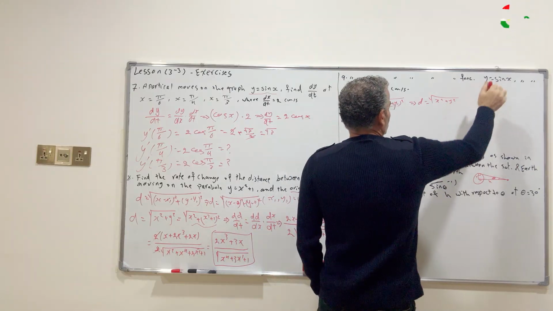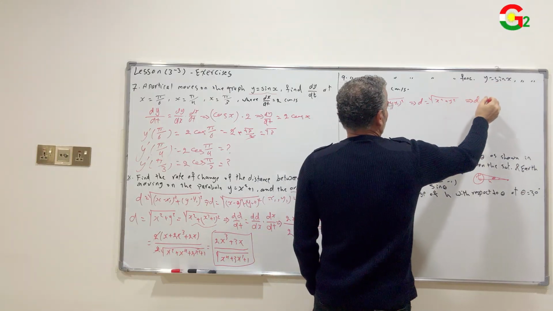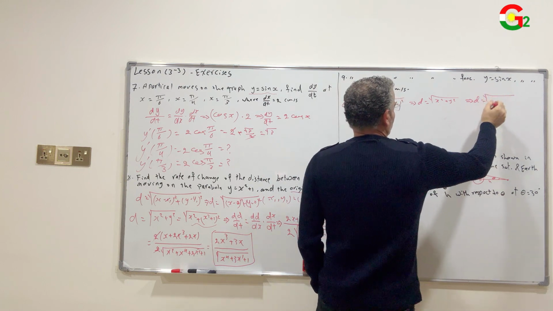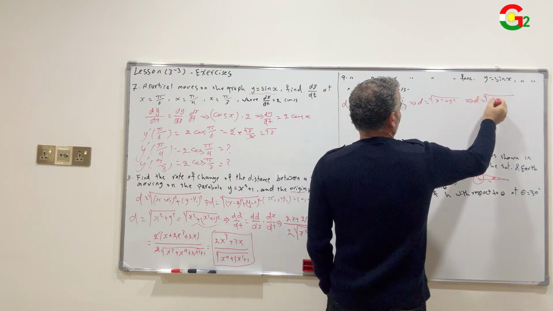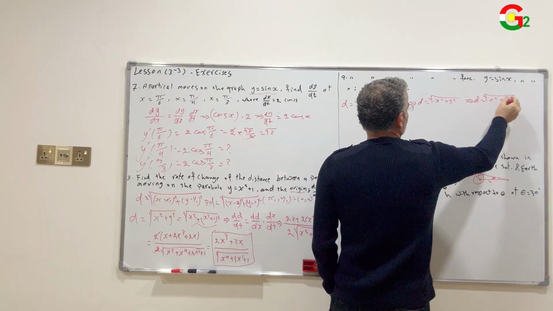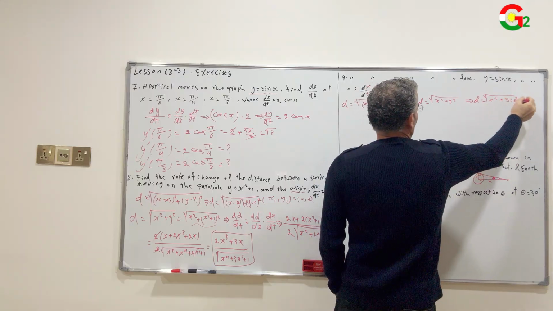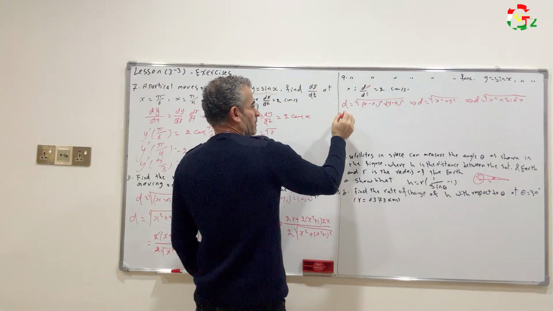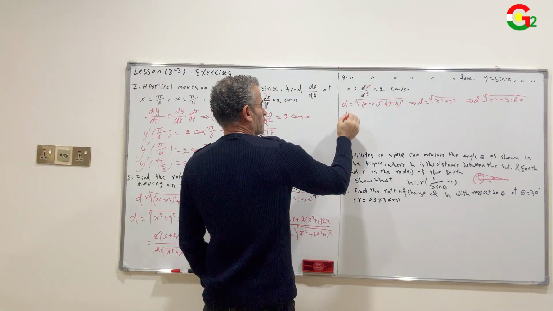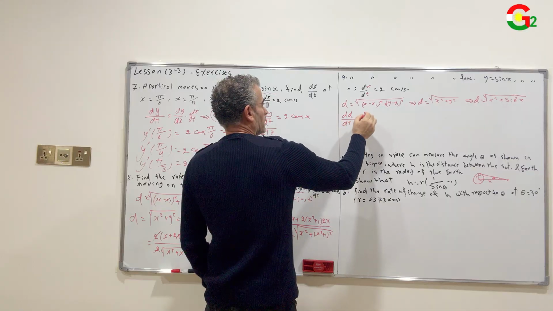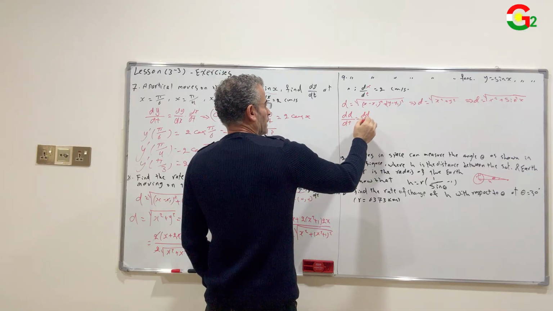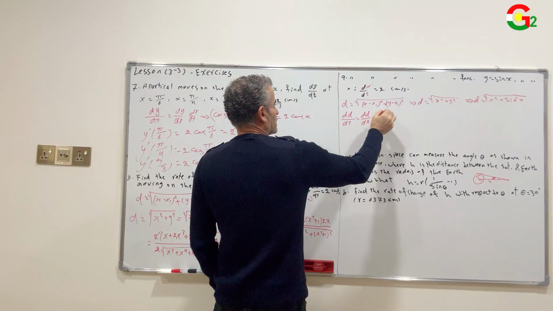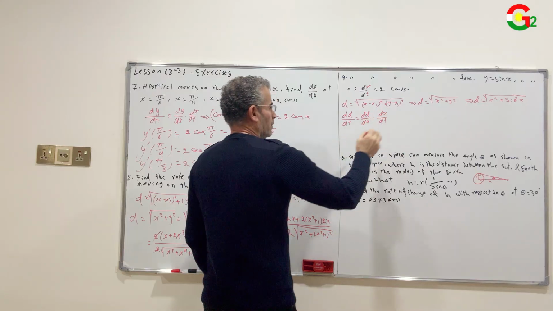Here y equals sine x, so writing d in terms of x only, d equals the square root of x power 2 plus sine square x. Differentiate d with respect to t: dd over dt equals dd over dx times dx over dt, chain rule.